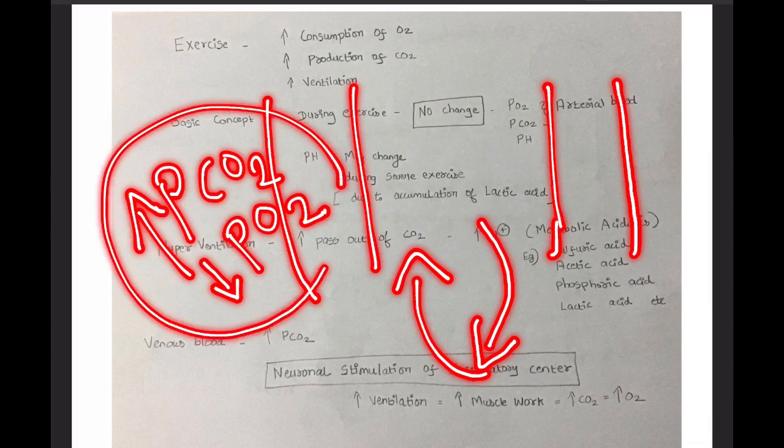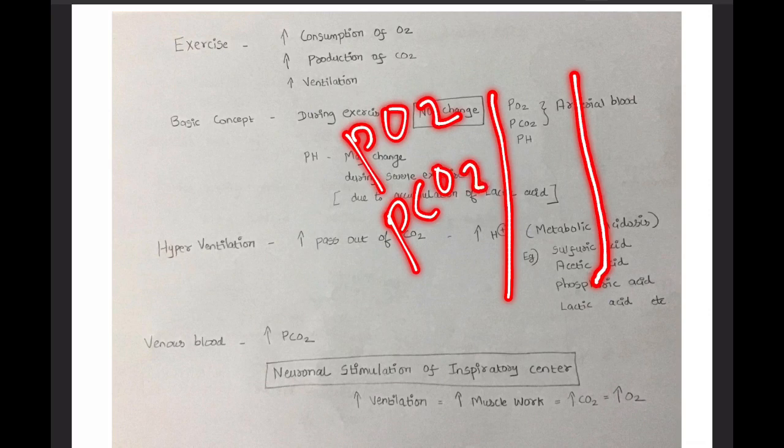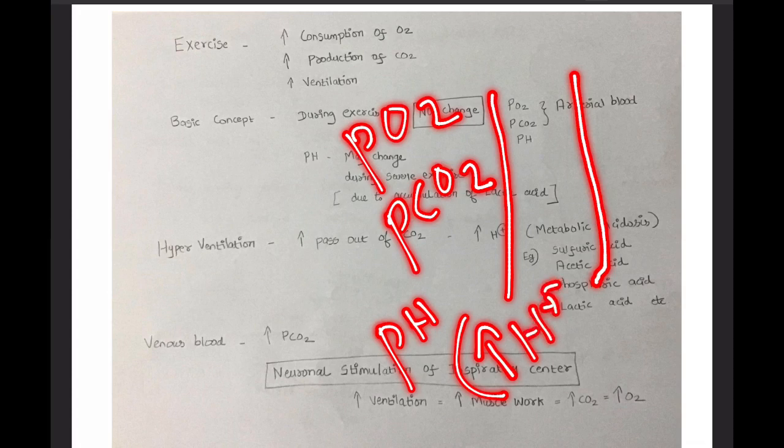These chemical changes in the venous blood will not play any role in the control of respiration during exercise, because there are chemoreceptors, which we have discussed in the regulation of respiration topic, that can sense the small chemical changes in the arterial blood, that is the partial pressure of oxygen, partial pressure of carbon dioxide, and the pH, that is increased hydrogen ion or decreased hydrogen ion.